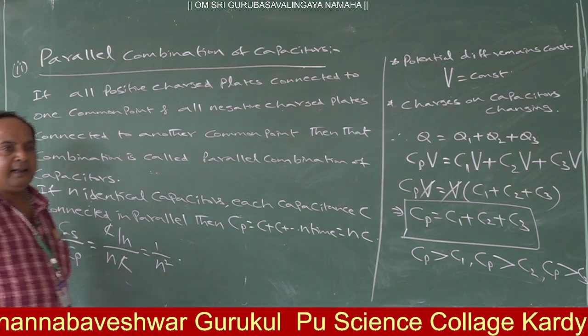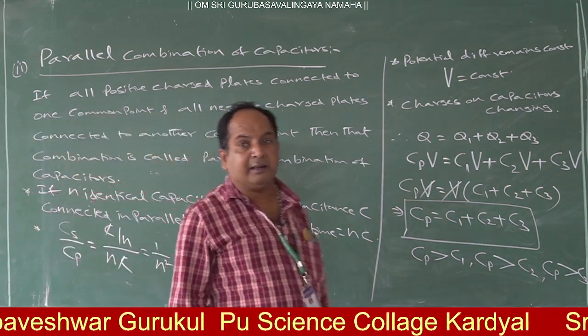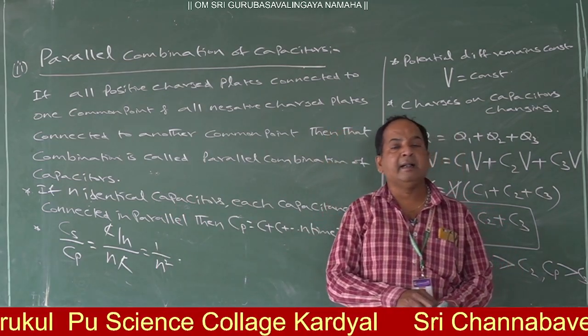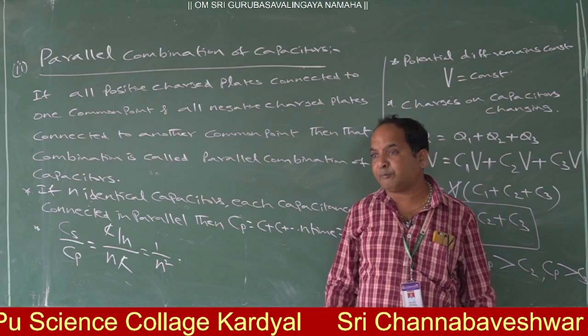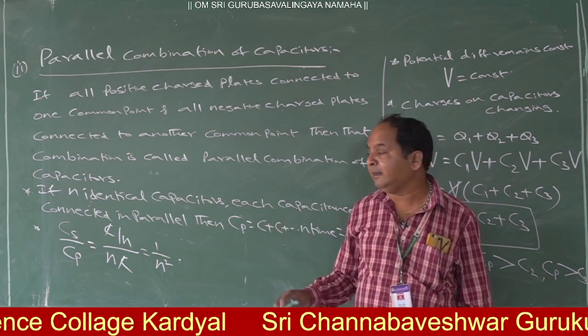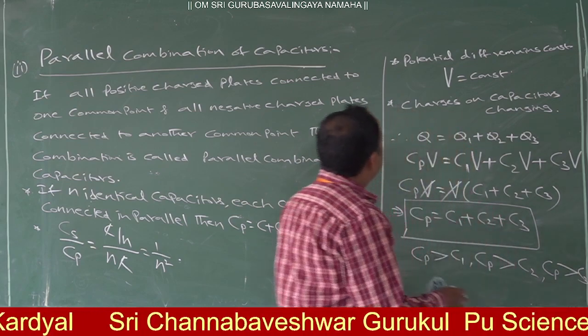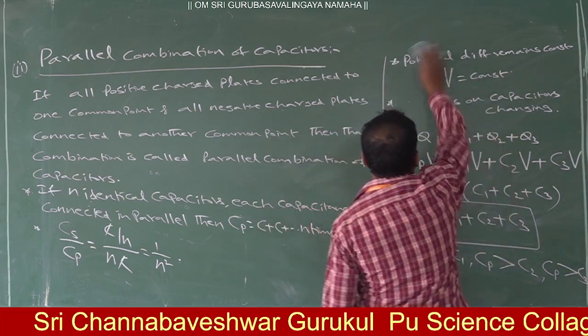So for N identical capacitors, the ratio of the effective capacitances Cs and Cp is 1 by N square.